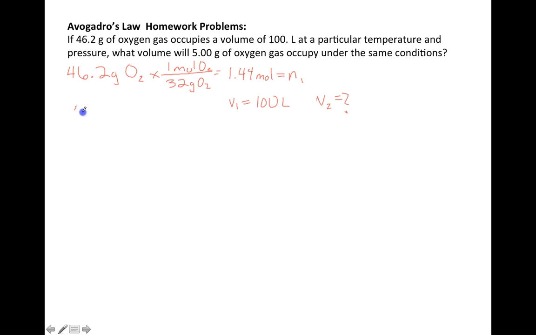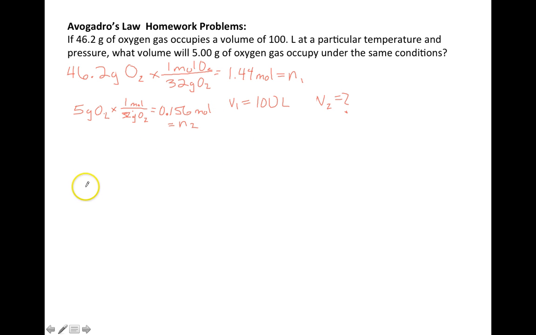Okay, so 5 grams of O2 times our same conversion factor, 32 grams of oxygen on the bottom, 1 mole on the top, and that gives us a value of 0.156 moles. And that is going to equal N2.